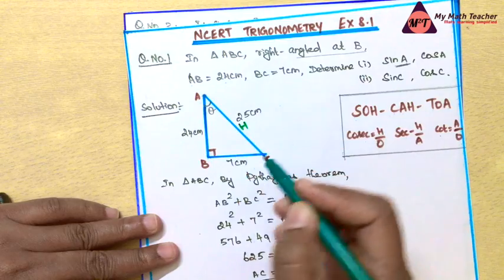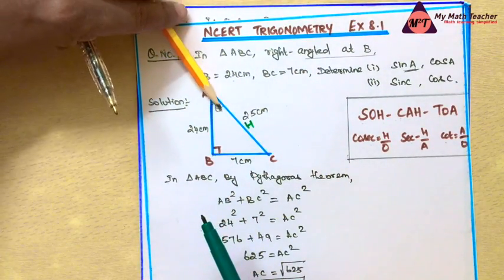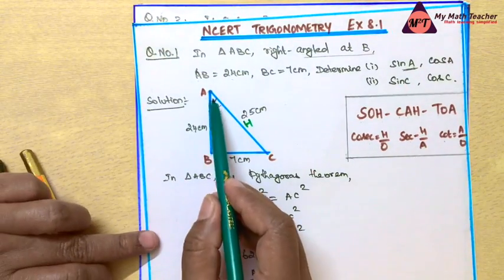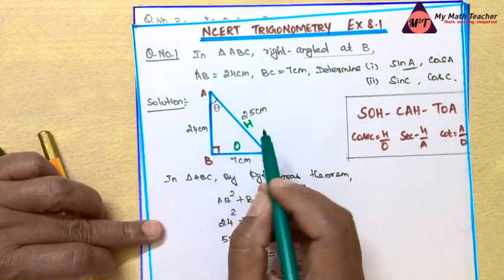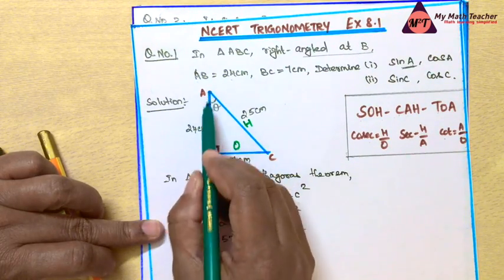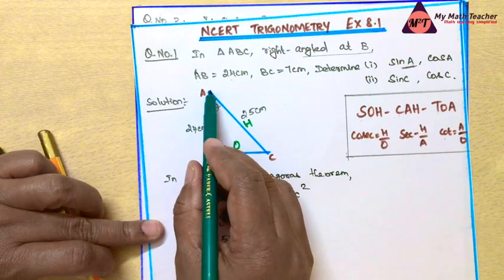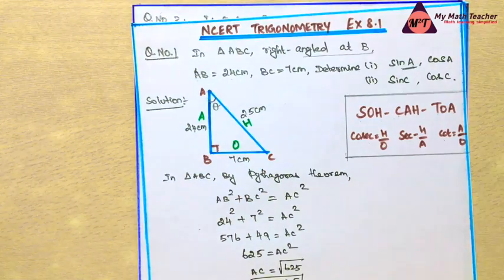This is hypotenuse. Now the opposite side is always the side which is opposite to theta. Opposite to theta is BC, that is the opposite side. The side which is next to, close to theta, but should not be the hypotenuse, that is the adjacent side. This is the adjacent side. So with the help of this information, we are going to solve the first subdivision.